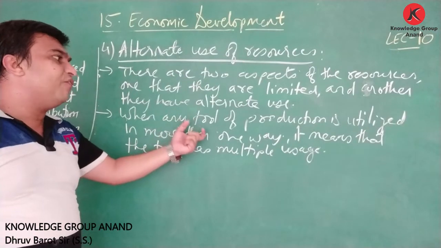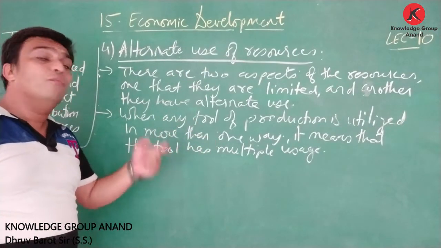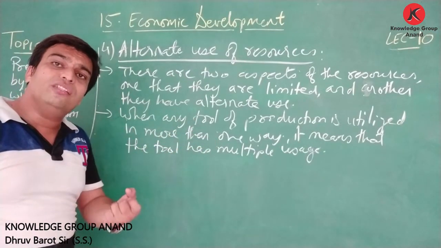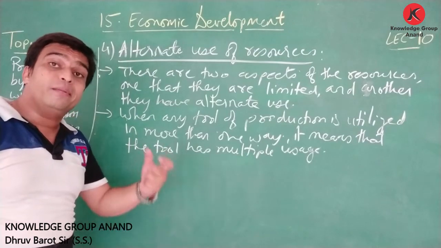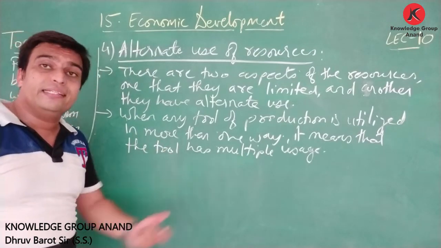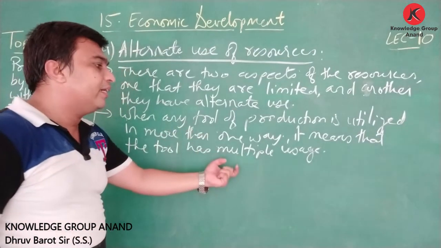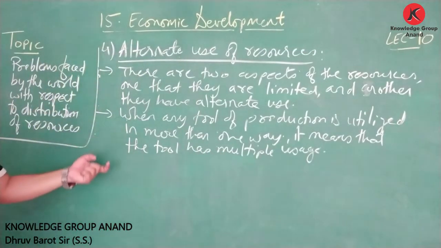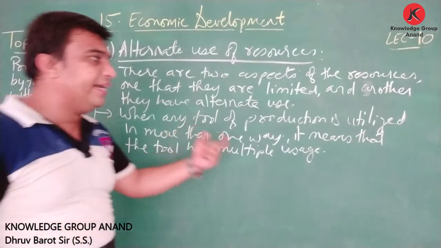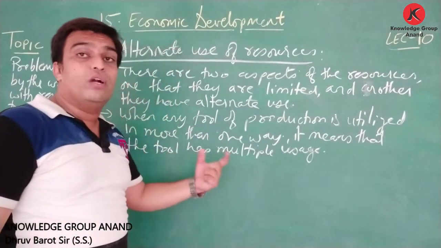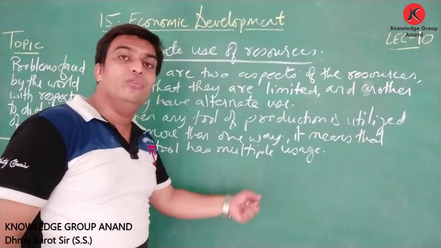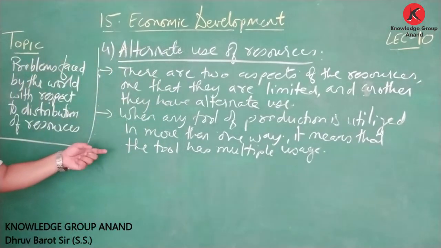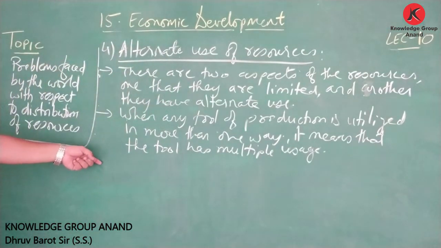If any resource is used more than one time, that means that resource, that tool, is of multiple usage. It can be used several times. For example, we can take the example of water, right? Water can be reused. It can be used multiple times, and that is a best example.